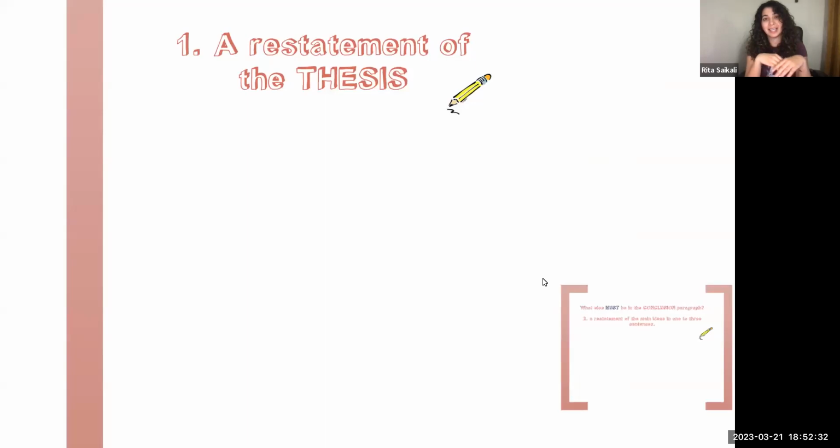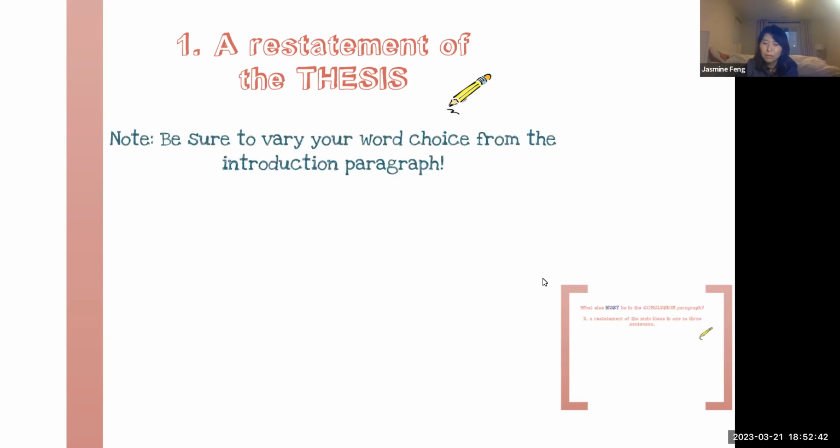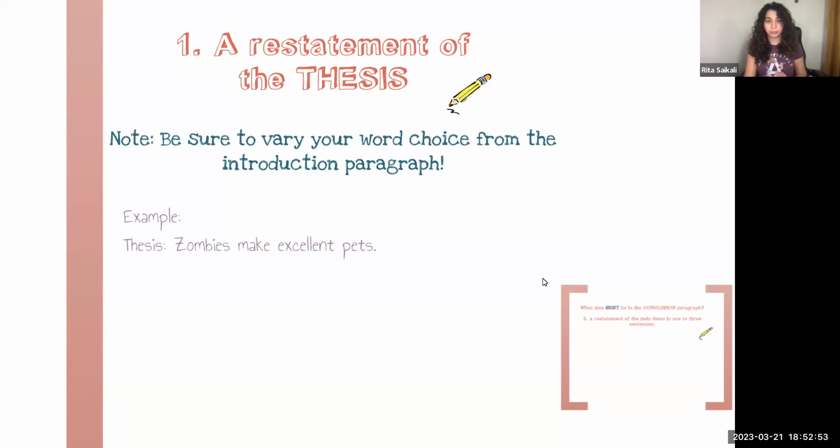Now we get to say it again, but we use a little bit of different words. So it's the same idea, but different words. Cool? Yeah. So be sure to vary your word choices from the introduction paragraph. You're keeping the idea, but not the same words.